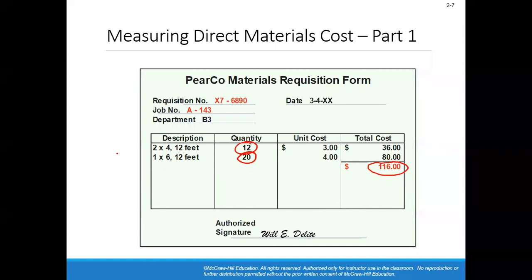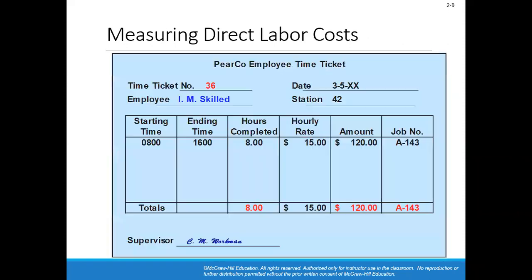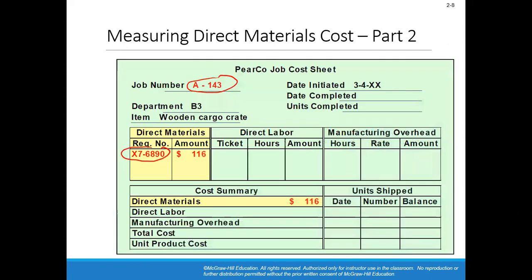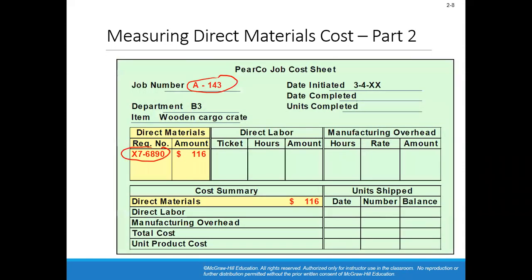So where is the requisition number? This one, X7-6890. Now you see it is here. Okay. So what is the amount of the cost for the direct materials? It is 116. So what we are doing, we are placing this cost here, 116. And for the summary purpose, we are also placing the 116 here.